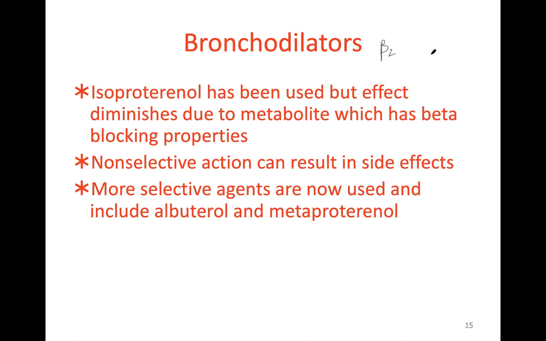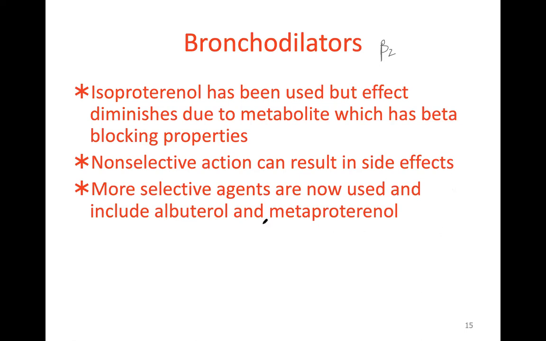The non-selective action of isoproterenol is usually the beta-1 component. If you're using something like epinephrine or norepinephrine, those really don't work well because they're not long-acting. What we've done is develop some agents that are more specific.